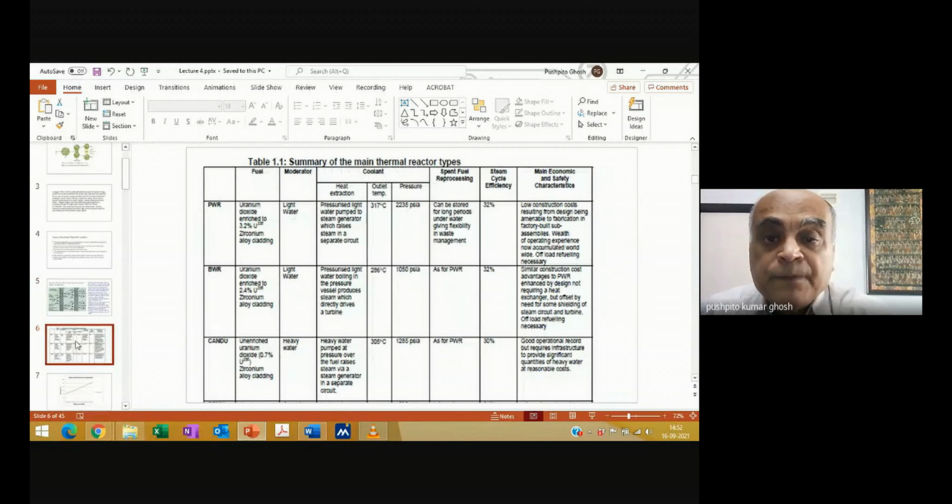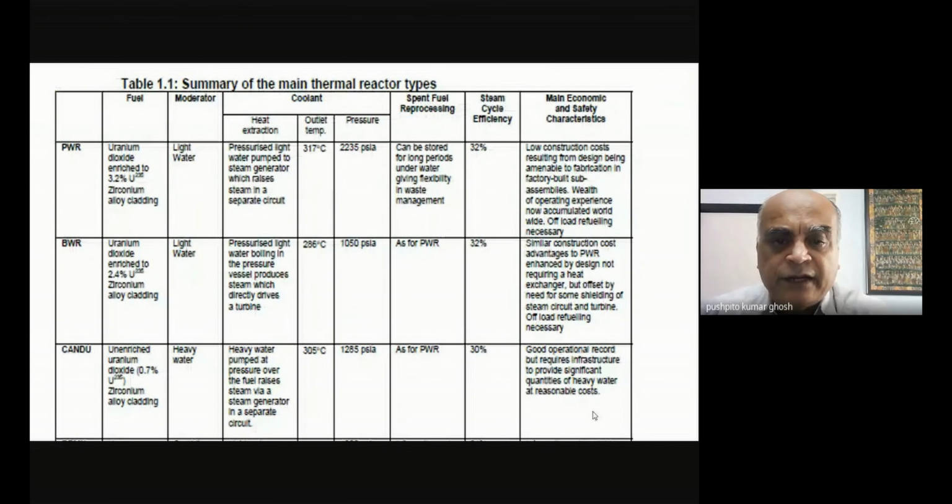Okay, now these are not all the types of nuclear reactors. There are more, but I'll tell you the ones which are relatively more popular. One is known as the pressurized water reactor. Now these first two just use H2O, light water.